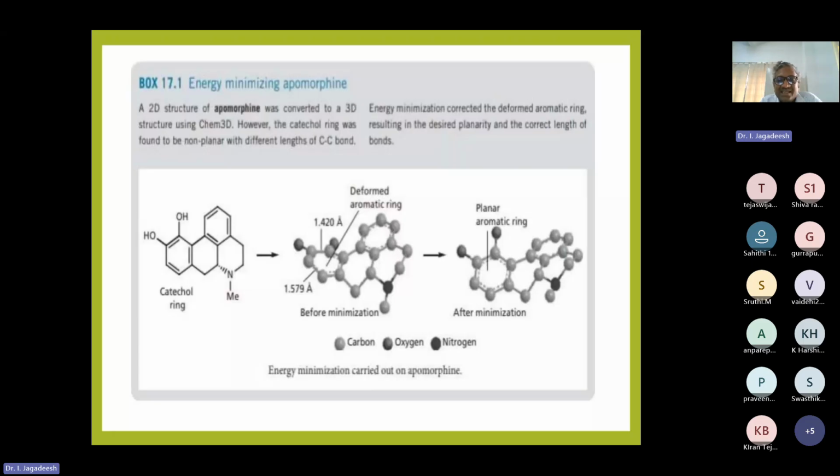If you go with the second structure, even though you get success in the docking, it will not be helpful because such an apomorphine will not exist in the body. And when you are preparing your ligand in the system like this with high energy states, it will not be present in reality, even if you are getting good docking scores.